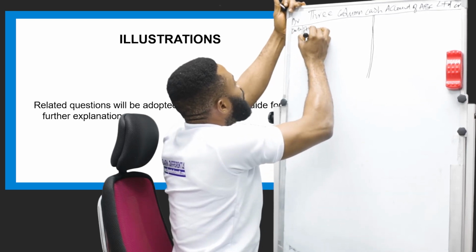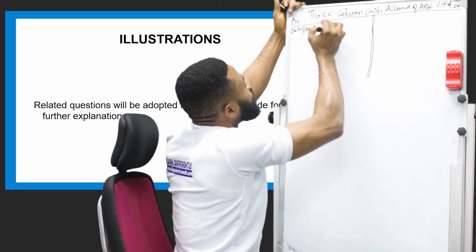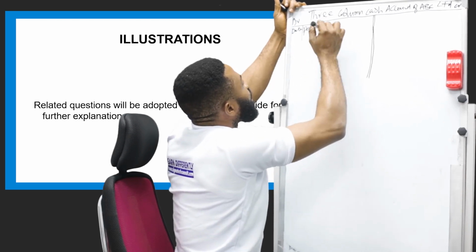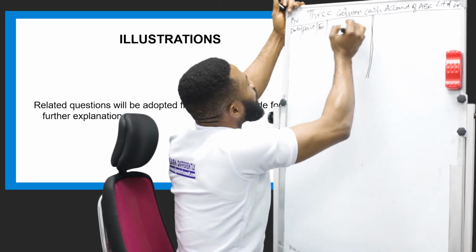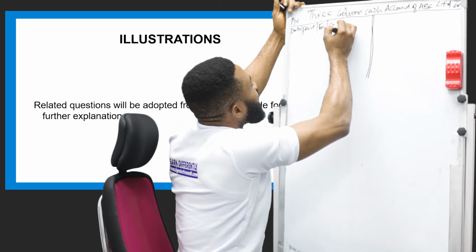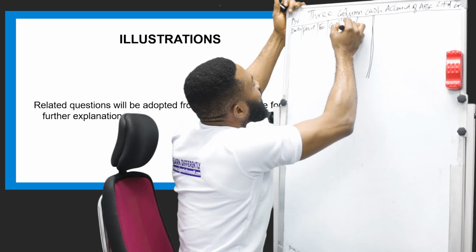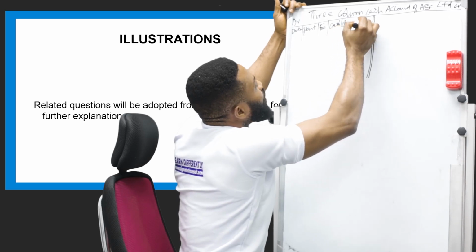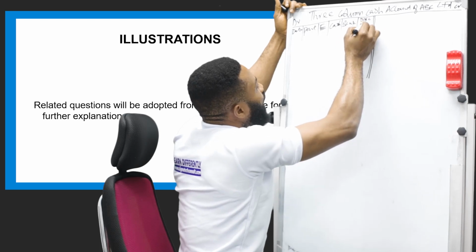So the second one is particulars. The third one is folio. The fourth one is what we call cash. And then we have bank. And then we have discount allowed.